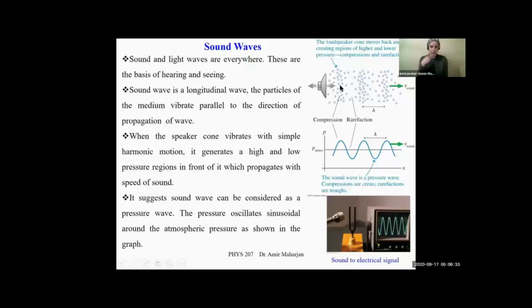See, here the air molecules are compressed, and here the air molecules are rarefied. So pressure is below atmospheric pressure here, and above atmospheric pressure here. If you draw the pressure versus the distance, you will see the pressure fluctuation like this. So sound wave is a pressure wave.